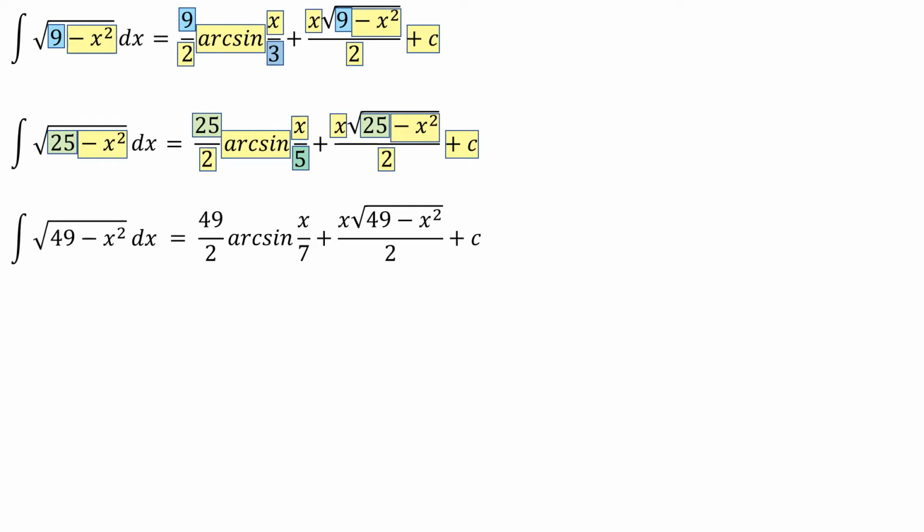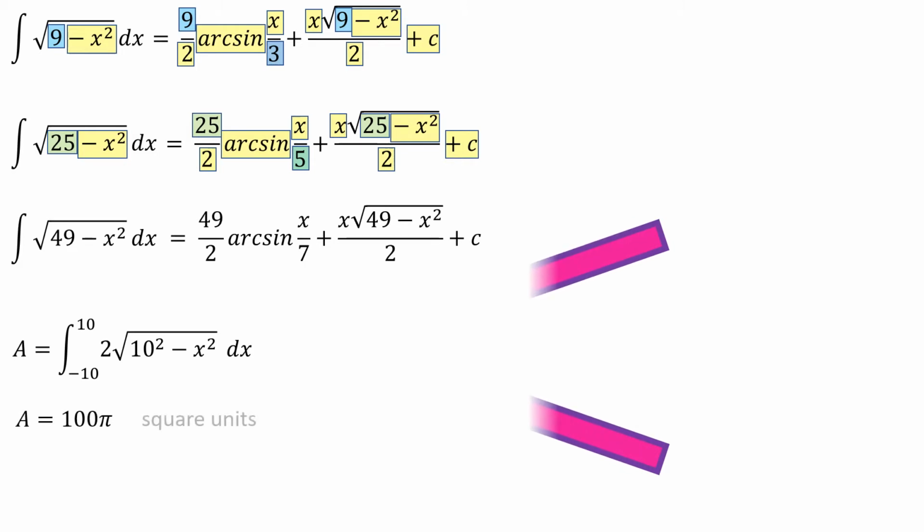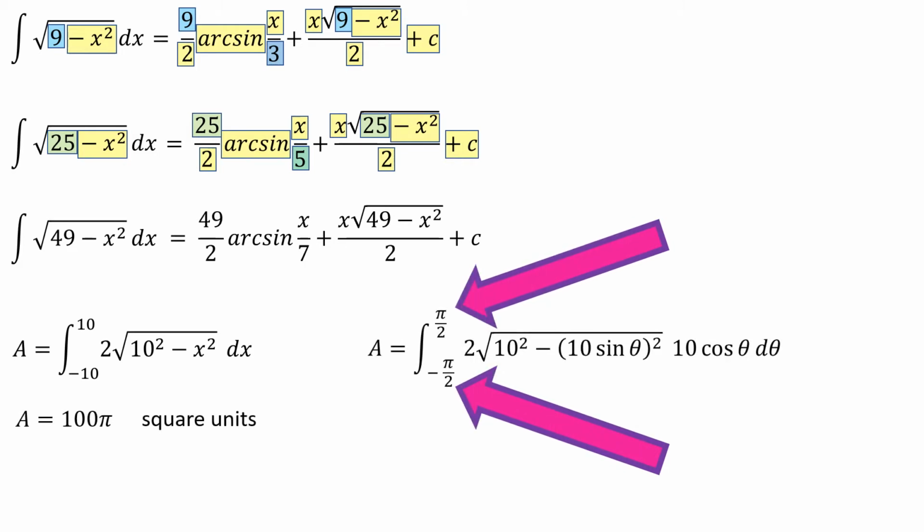Now, the neat thing about this, if you remember, we found the area of a circle. And when we did the area of a circle, when we substituted in terms of theta instead of in terms of x, we had to adjust the limits of integration, right?